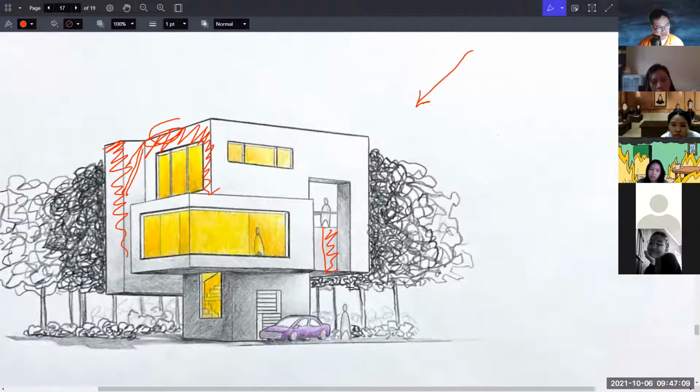Like this one, you did it here. And then this one has a bit of shadow casting onto the, well, glass. Pwede hindi. Pero usually, yeah, ganyan. Something like this. Here, ano to? This is a door?